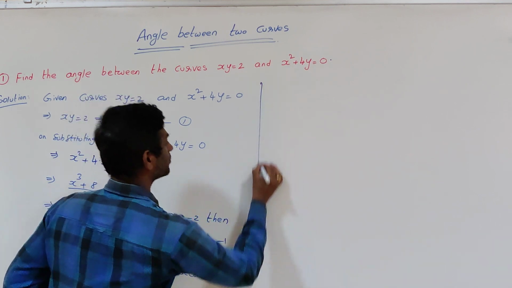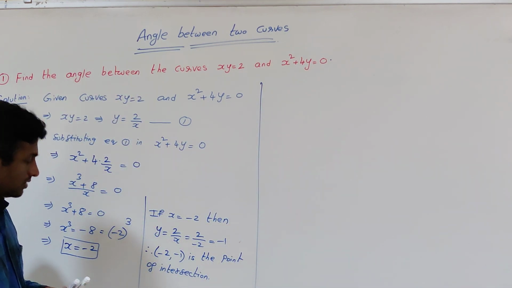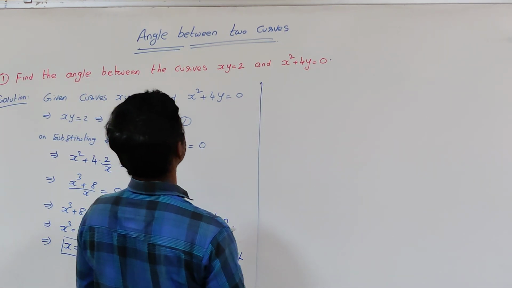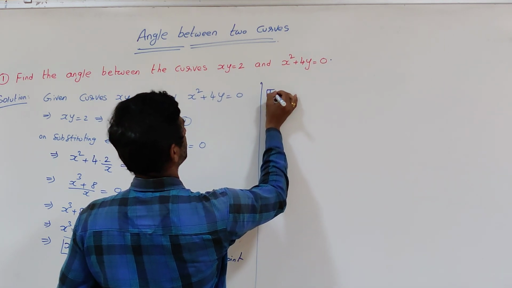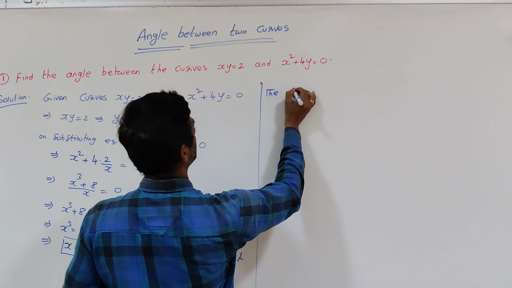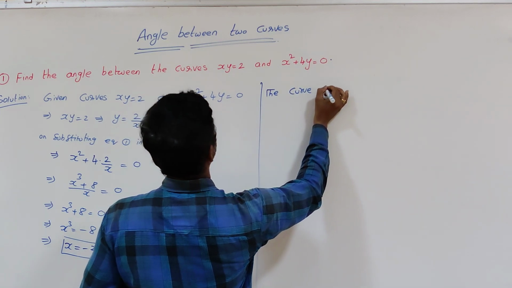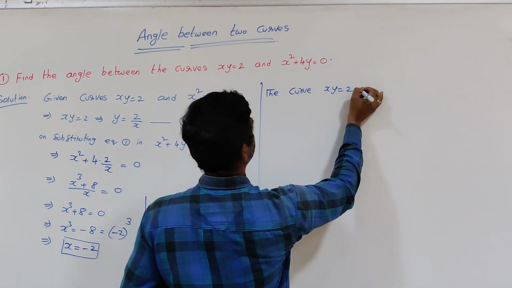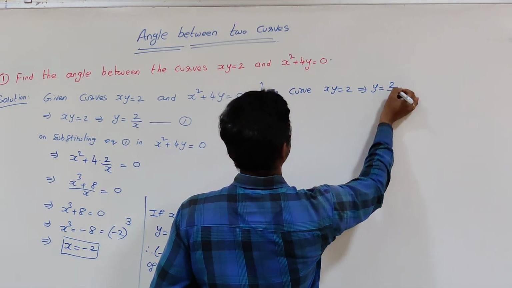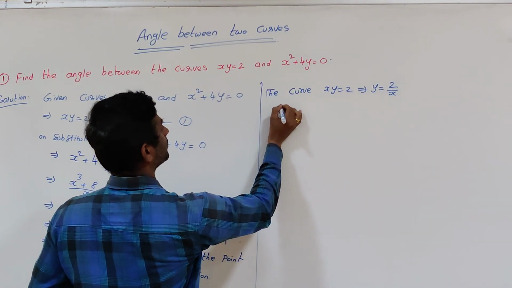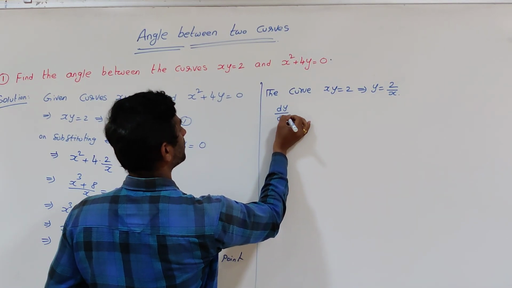So we'll try to find out the slopes. The curve xy is equal to 2 implies y is equal to 2 by x. Now dy by dx, what is the derivative?